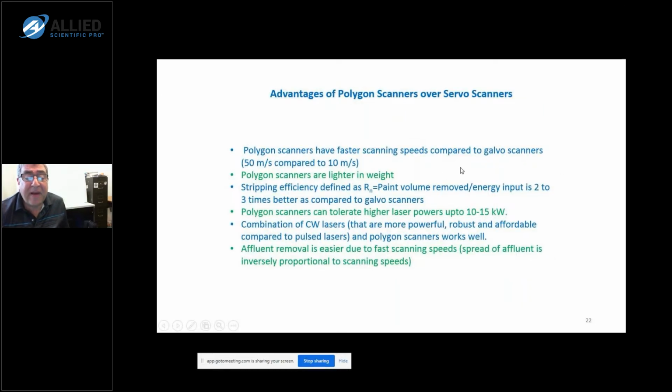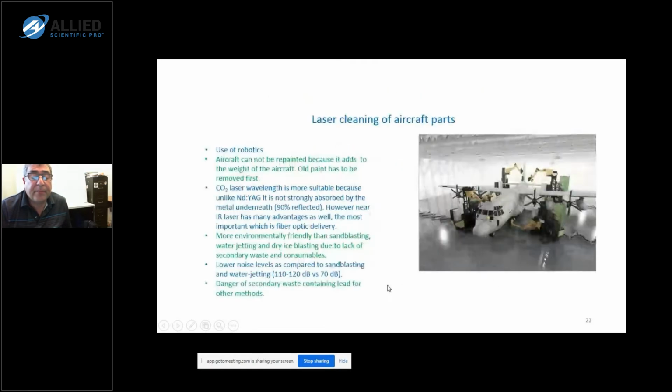They have fast scanning speed, lighter in weight, they have higher stripping efficiency, they could tolerate higher laser powers. They could use CW lasers, and the garbage removal is easier due to fast scanning speeds also.